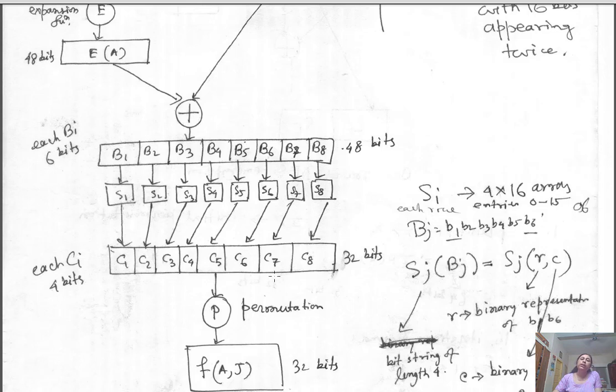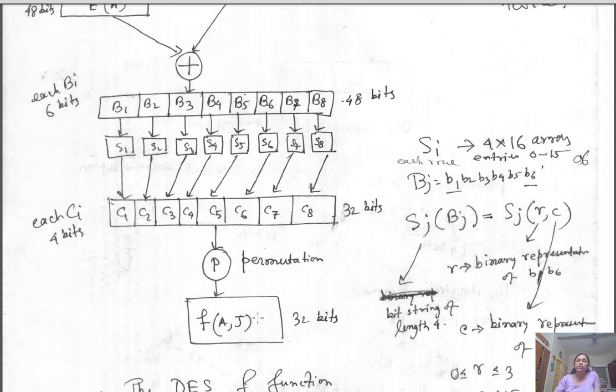So you get from 48 bits, you shrink it to 32 bits using the substitution box, and this 32 bits is permuted using a permutation box, and finally that is essentially your 32-bit output.